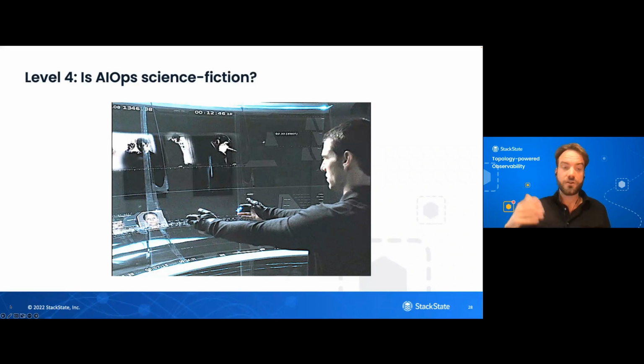So let me give you a very concrete example. There are event/alert correlation tools out there. I'm not going to name names, but what they will do is they will look at patterns when alert storms happen, where they look at whether events happening pretty much at the same time look similar.